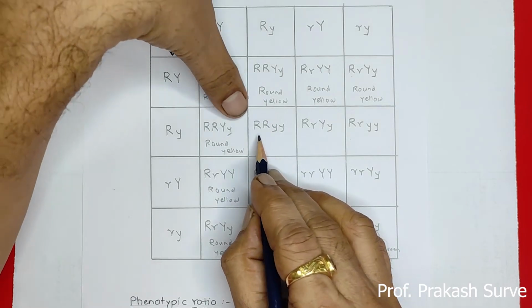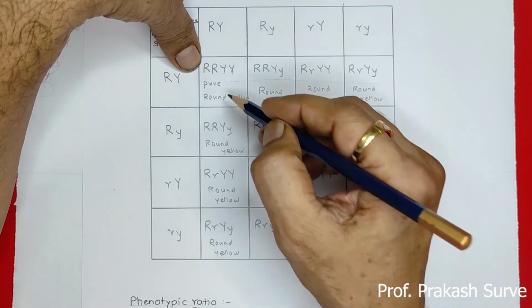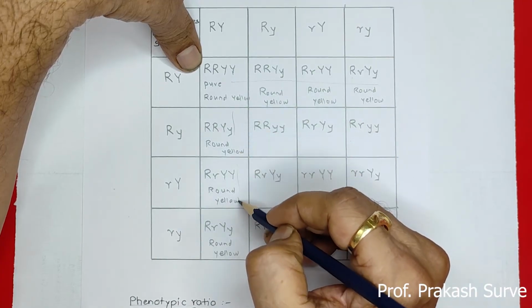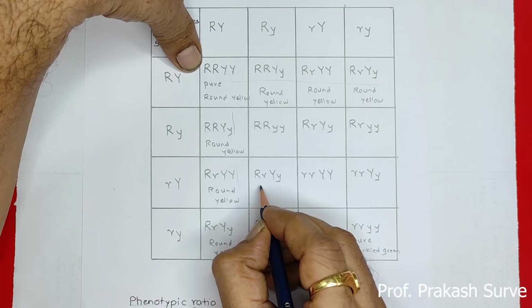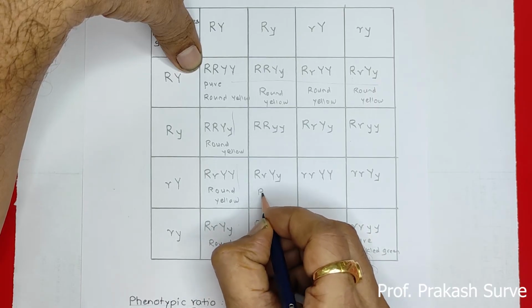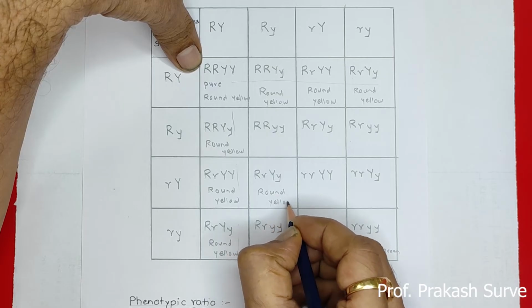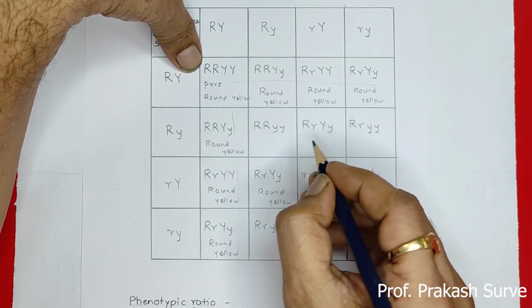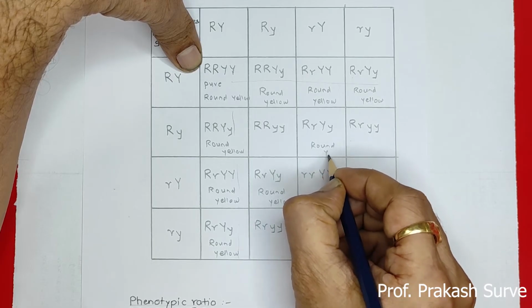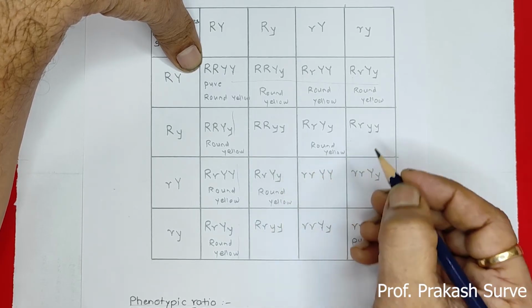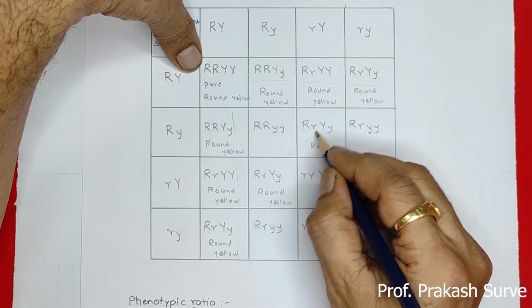Now here, just remember this way, this one line is there, and now go through it like that. Here also capital R, capital Y is there. So round, yellow. Here also capital R, capital Y is there. So round, yellow. So this way we get the triangle of yellow round.